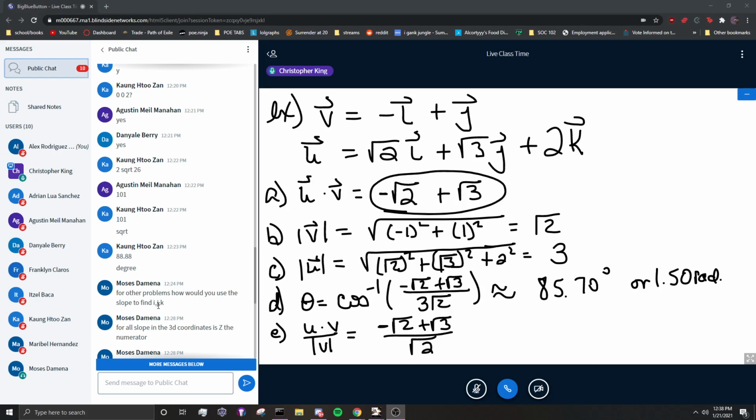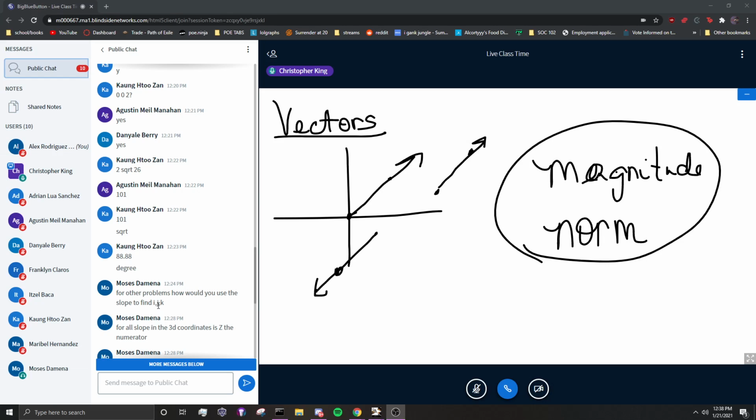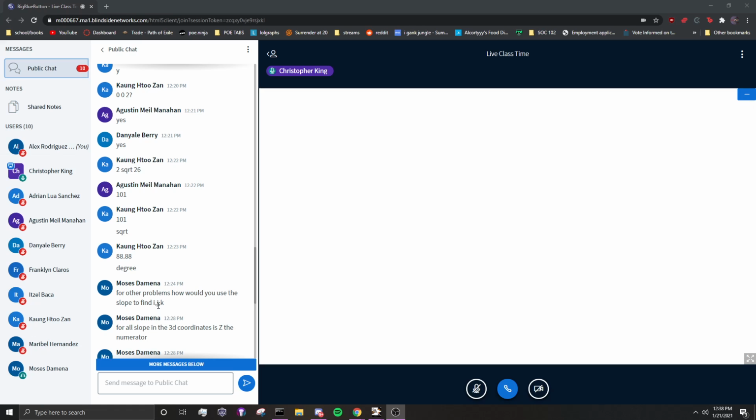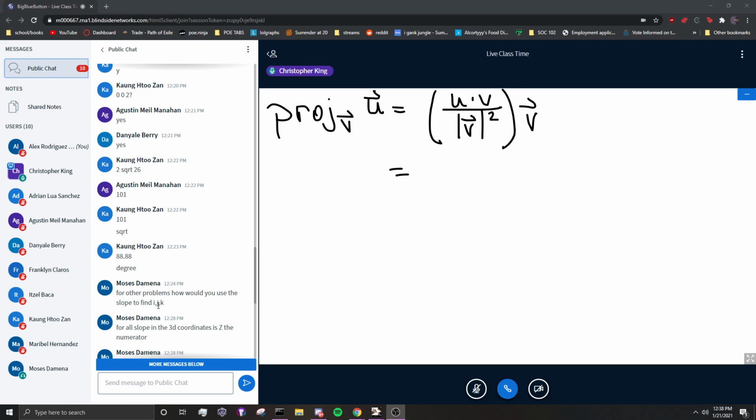Okay, so let me go to the last page and do the last bit, and that's dealing with the projection. So we're going to do the projection of v onto u. That's going to be the dot product of the 2 vectors over the magnitude of vector v squared times vector v.